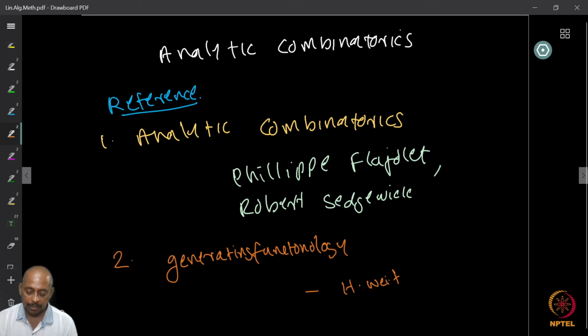I'm not 100% sure now. Wilf, yeah, Wilf. So this is again a nice book. You can learn many tools about generating functions, and it's a good reference on that, as well as a book which is also related to analytic combinatorics, because it is mostly about generating functions.